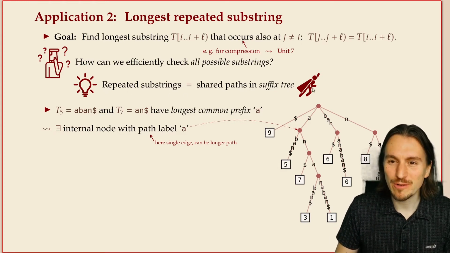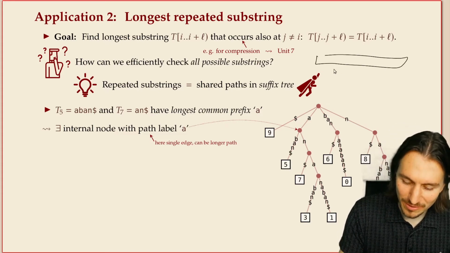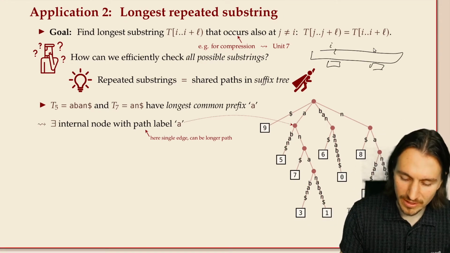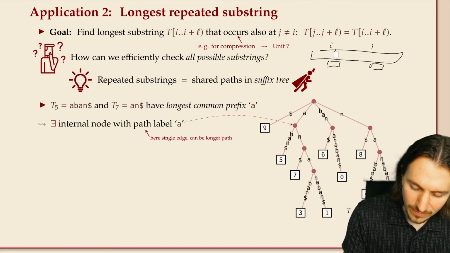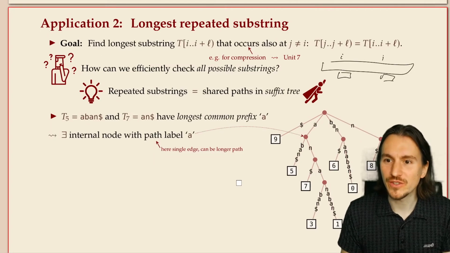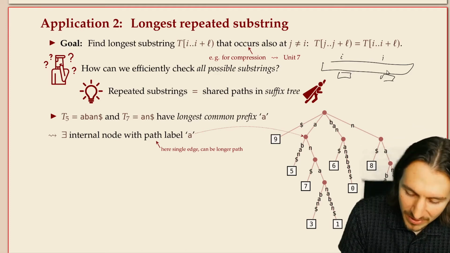Whenever you have a repeated substring, some position where the same pattern occurs at one position i and at another position j, that means there are two suffixes in the suffix tree, one that starts at i and one that starts at j.